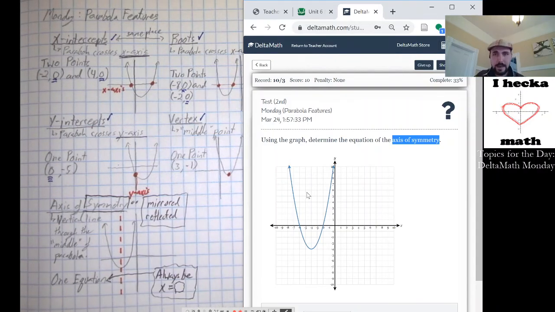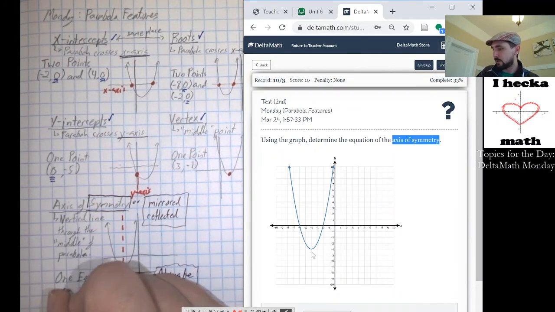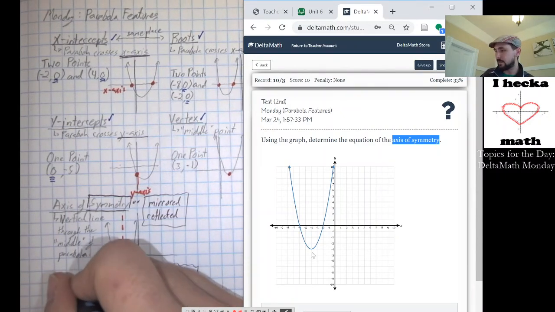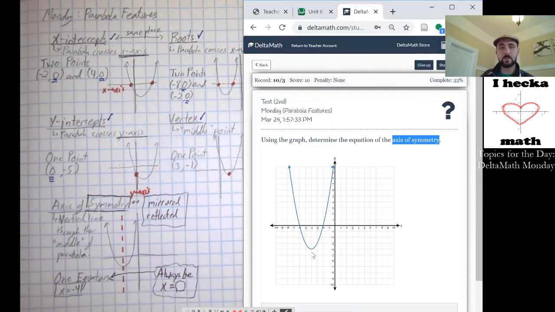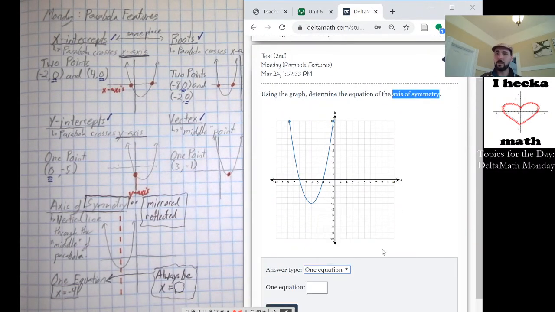So in this case, now let's get precise. The middle of the parabola is when x is equal to -4, right? This is the vertex, but in general, this whole line is at x equals -4. And this is our equation, because there's an equal sign. So let's do that. One equation.